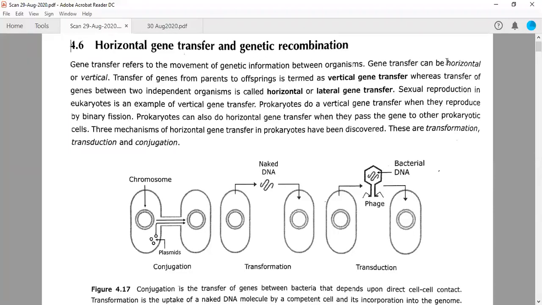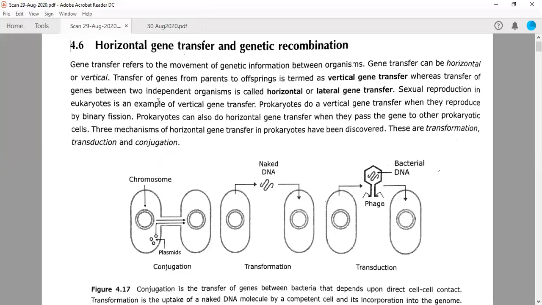So gene transfer can be horizontal or vertical. If the transfer of genes is from parents to offspring in case of eukaryotes, or from mother cells to daughter cells in case of bacteria, then it is termed vertical gene transfer. Whereas transfer of genes between two independent organisms is called horizontal or lateral gene transfer.